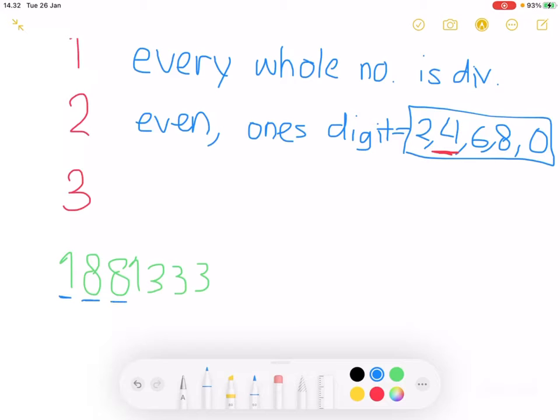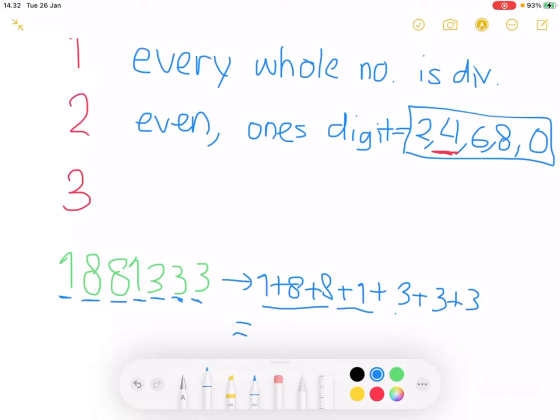So you turn this into 1 plus 8 plus 8 plus 1 plus 3 plus 3 plus 3. 1 plus 8 is 9, and that will be 17, 18, and this whole thing will be 27. And you can check if this sum is divisible by 3. If it is, then so is this whole number right here.